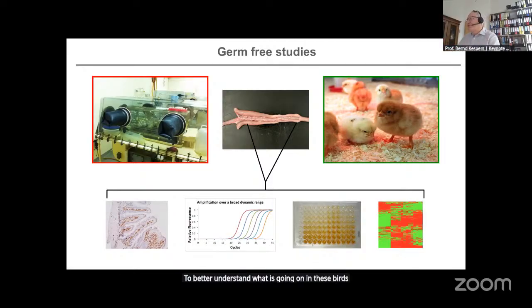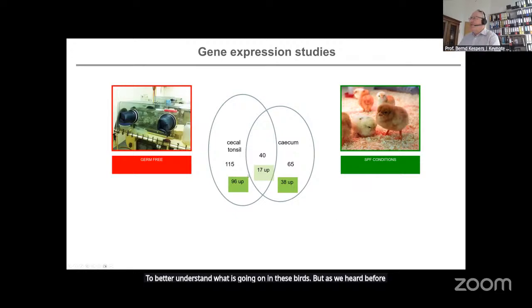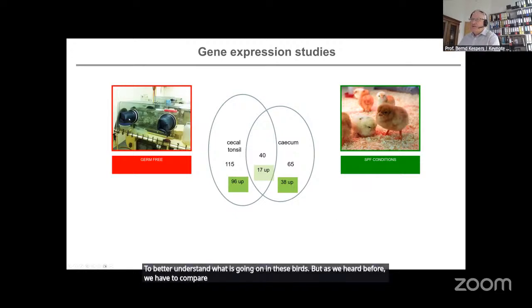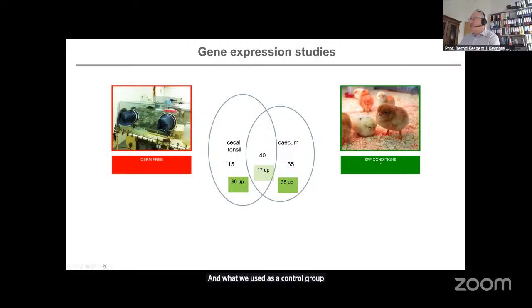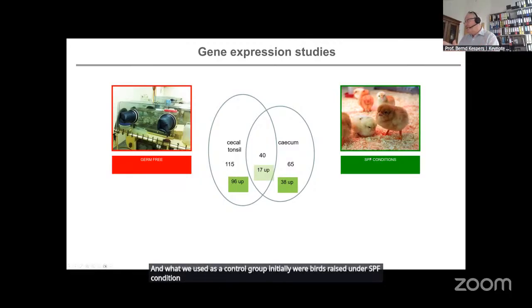But as we heard before, we have to compare the situation in these birds with a control group. And what we used as a control group initially were birds raised under SPF conditions. So that is not field studies. This is clearly laboratory work.